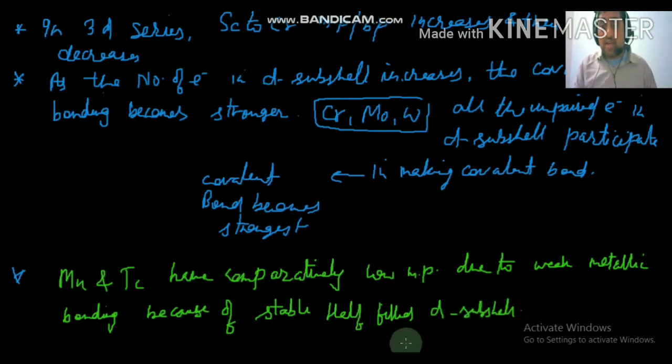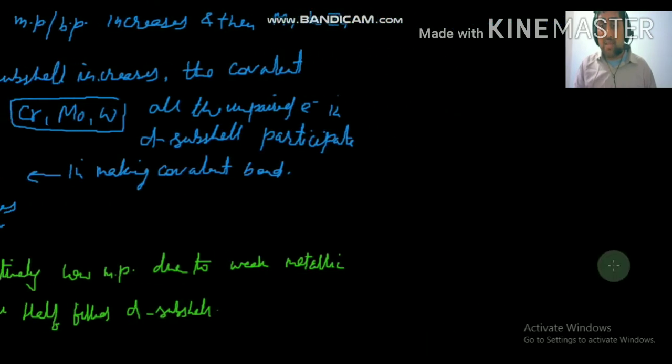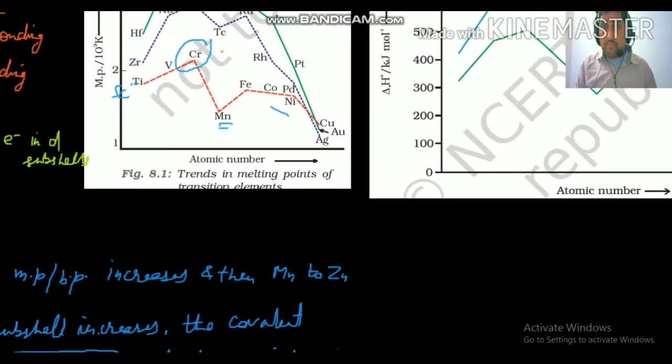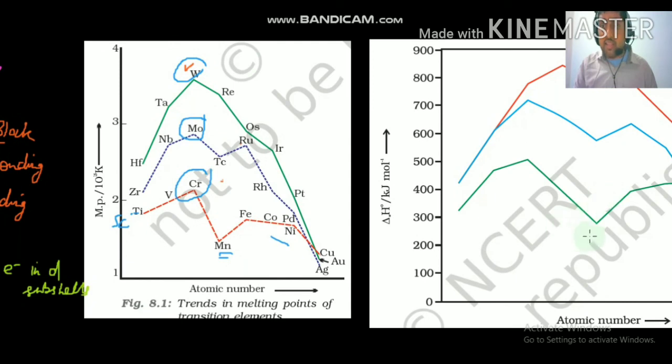Now this is apparent from the diagram. If you see the trend in the enthalpy of atomization, here it is manganese. So here the atomization enthalpy of manganese is also low, because of the exactly half-filled d5 electronic configuration.